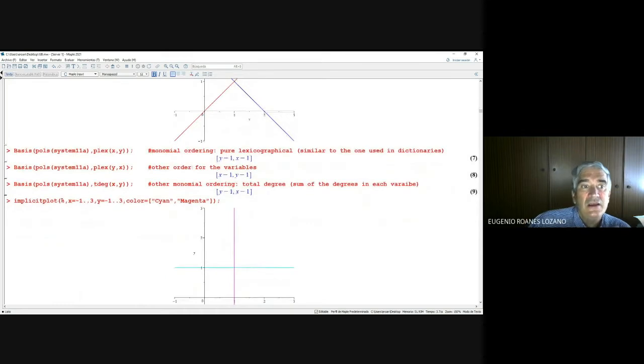And if we compute the Gröbner basis of this set of polynomials, we obtain y minus 1, x minus 1. Here we ask Maple to consider an ordering for the monomials that is pure lexicographical.